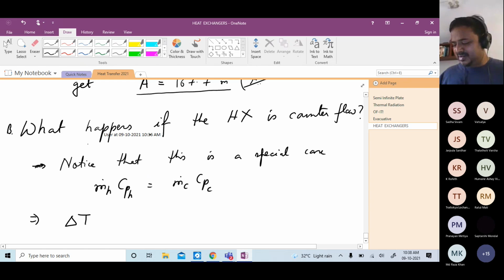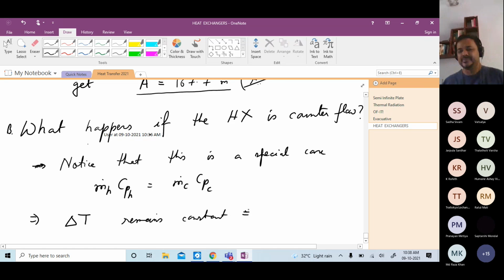Therefore, delta T remains constant and is equal to THE minus TCI, that is 260 degrees.